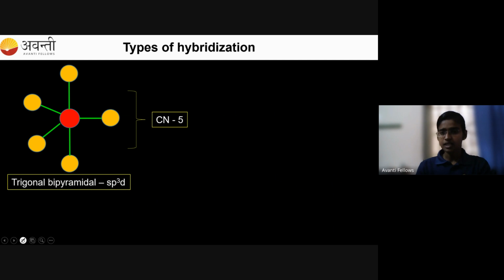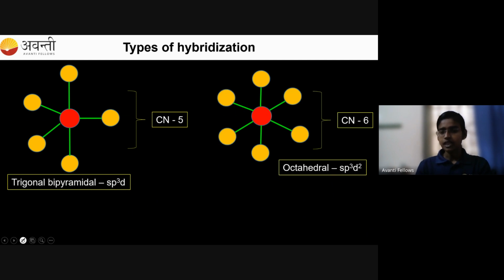And lastly, sp3d2. The geometry of sp3d2 hybridization is octahedral, and the number of ligands bonded with the metal atom is 6, so the coordination number is 6 for octahedral. Octahedral species are very important.